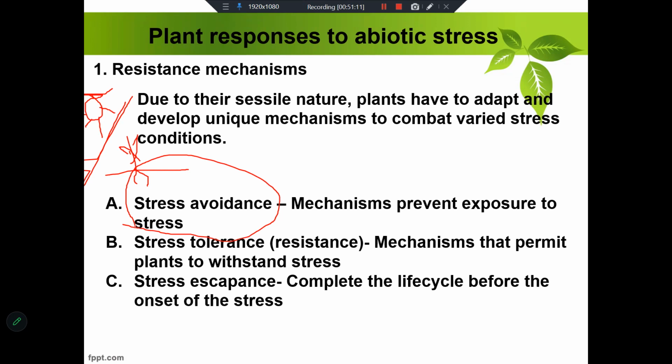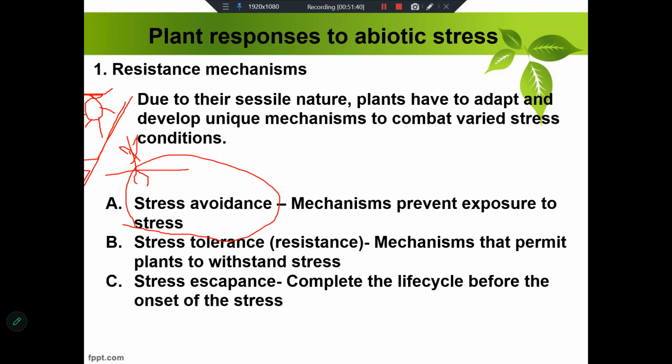It's the same thing going on in the cell because of the changes in the environment, but plants will not become harmed or get damaged because they have some mechanisms to prevent that. Third one, C, stress escapance.